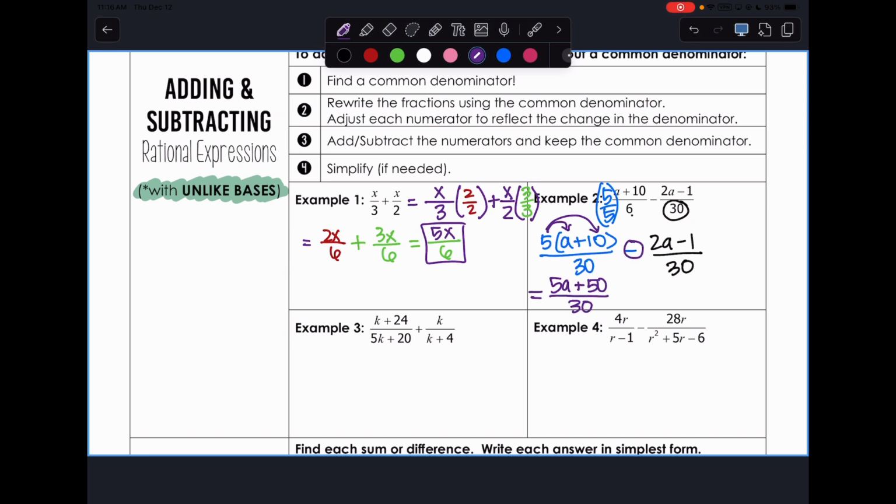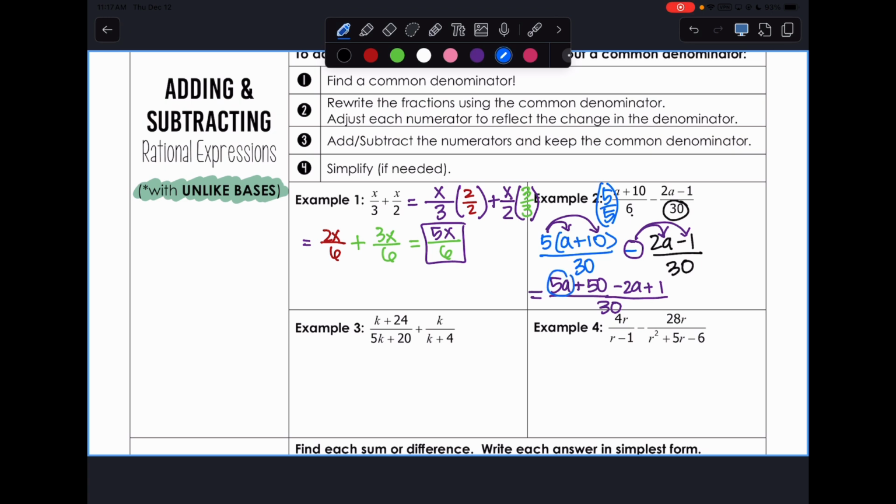And then negative times 2a and negative times negative 1 gives me negative 2a plus 1. You guys okay? Did I do too much at the same time or are you guys all right? Let me know if I did too much at the same time. Then I can write it out separately. Give me a little nod of the head if you want me to go over. Okay. All right.